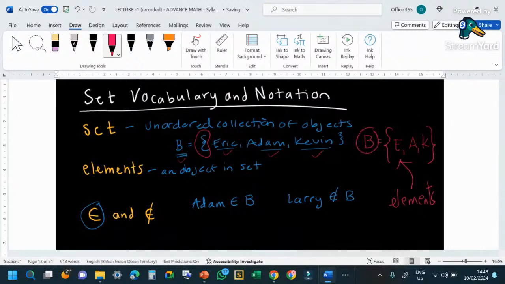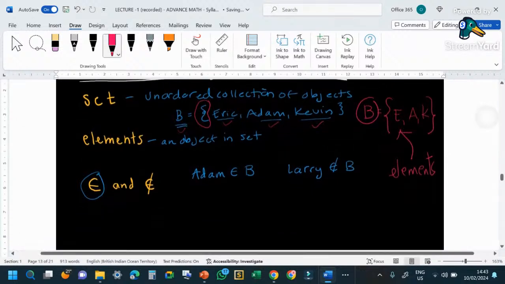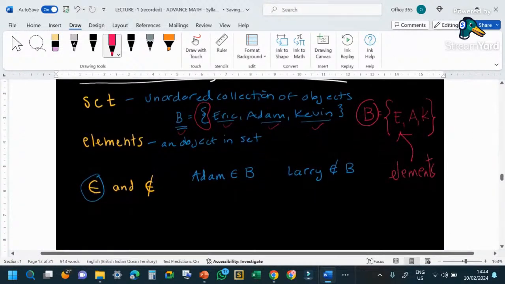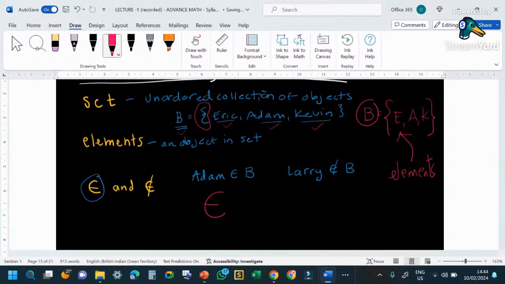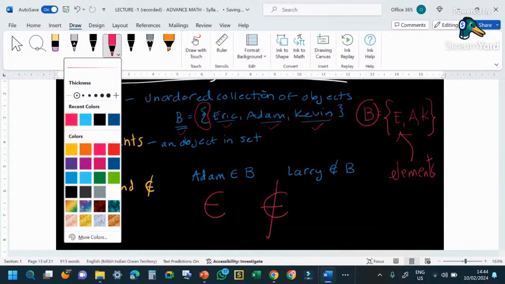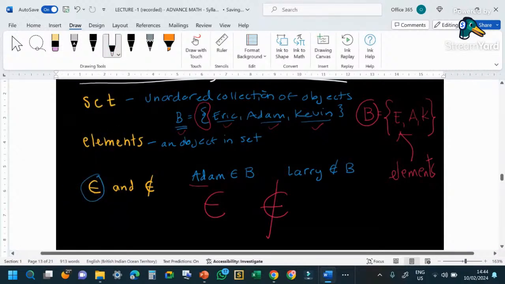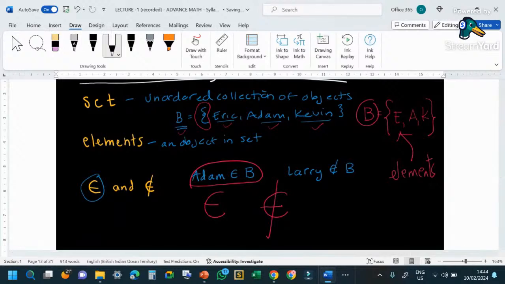So a set must have an element. And if you define element, then you have to use a symbol like a C with a dash in the middle. And not an element is the same symbol with a slash through it. Now, the statement that says Adam is an element of B is correct.